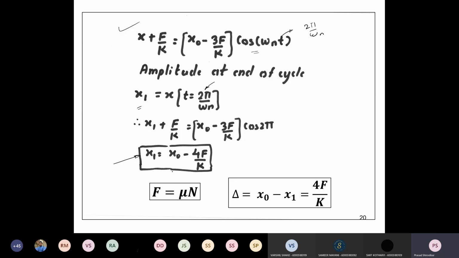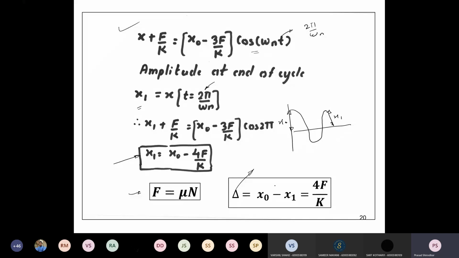Alright. So based on that, F is equal to mu N, that is the frictional force, and so the decrease in amplitude at the end of the cycle, that is x0. So if you see the cycle, this is your cycle, and this is one cycle. So this is x0, and this is x1.